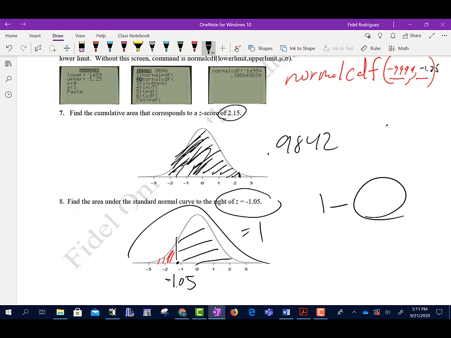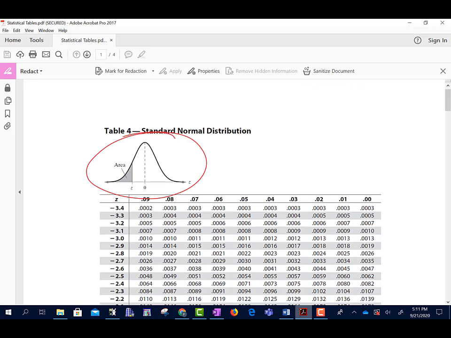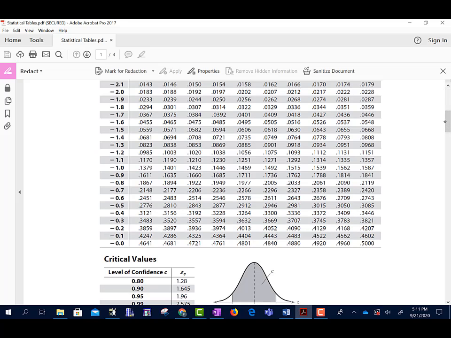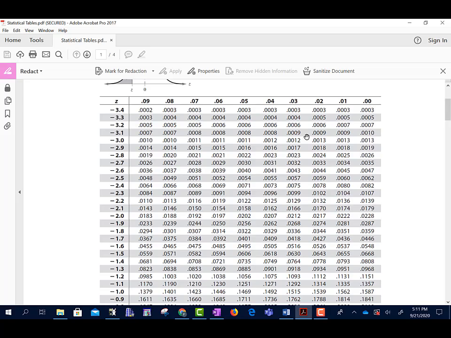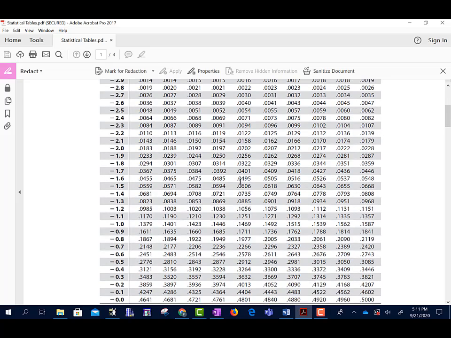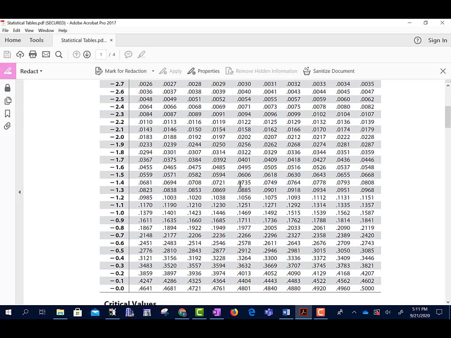So if I was going to use my table, I'm going to go to negative 1.05. Let me come back up here to my table. Here is my negative 1.0, and the 5 is right here. So I'm coming up with 0.1469.